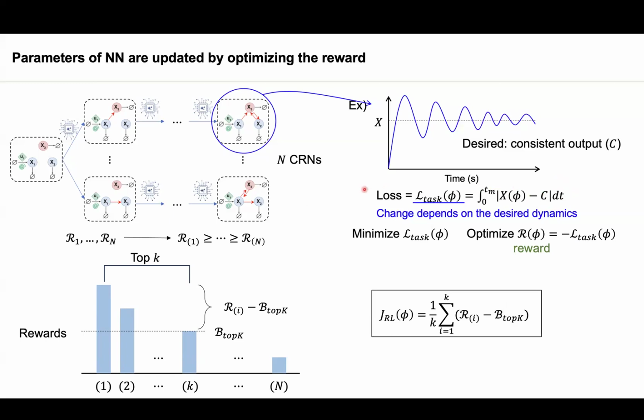In short, we want them to match this consistent output by using this reward.